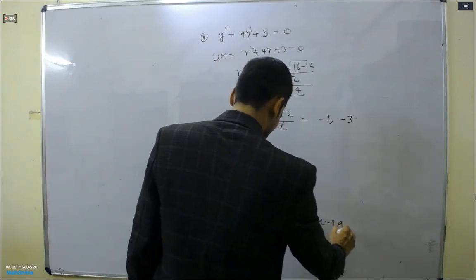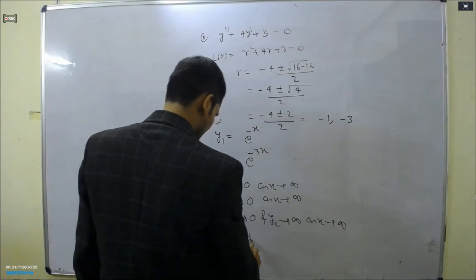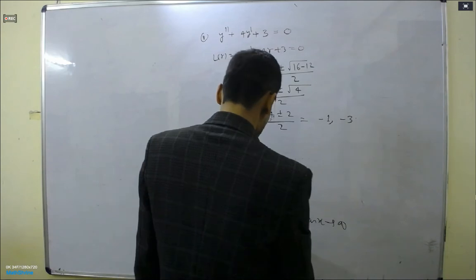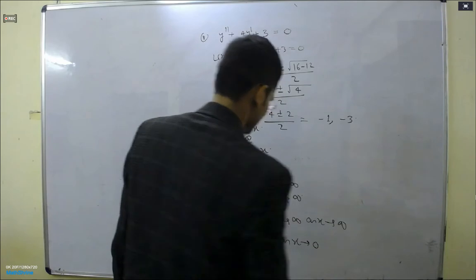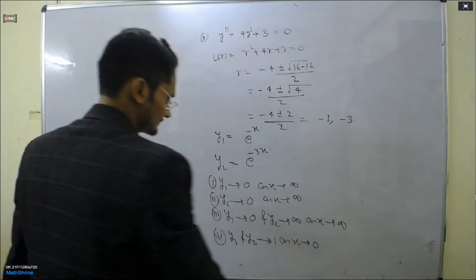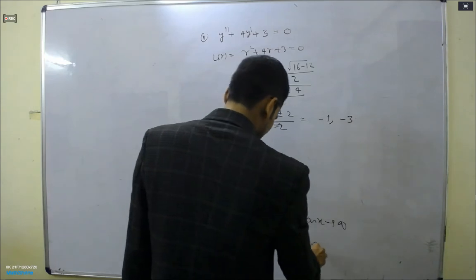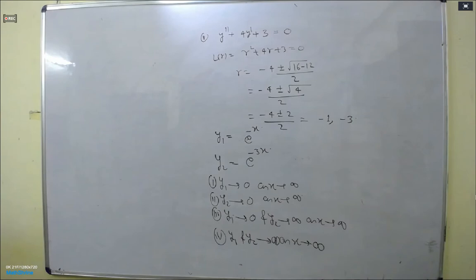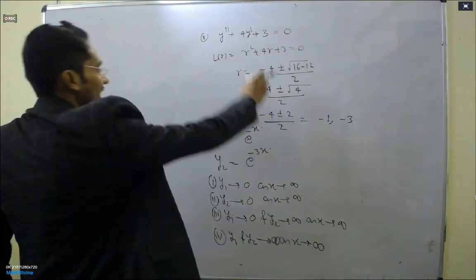If you notice, yesterday we had a discussion: in a differential equation of the form Ly is equal to y double dash plus a1y dash plus a2y is equal to 0, we noticed that if a1 is positive, then these options will be true.